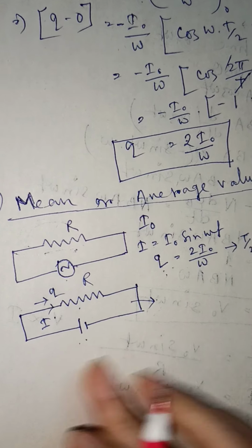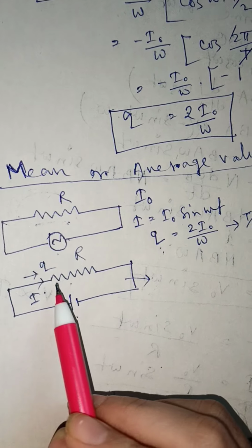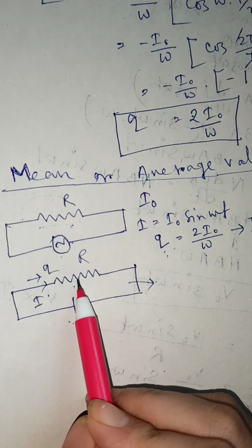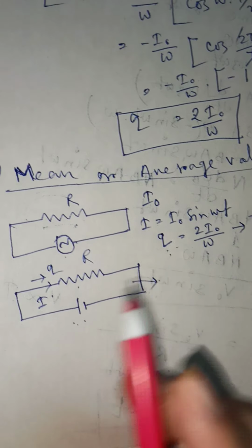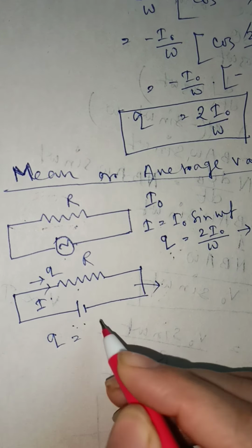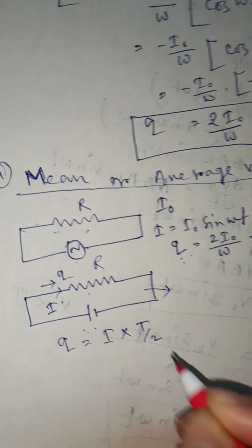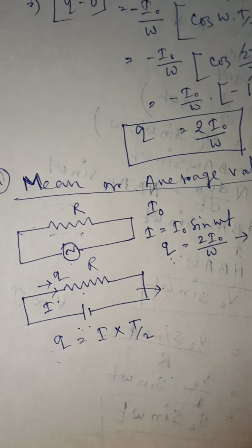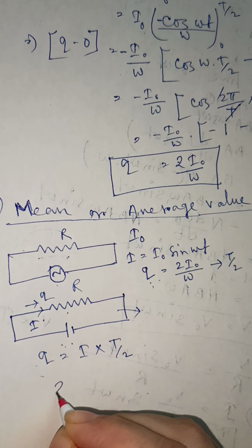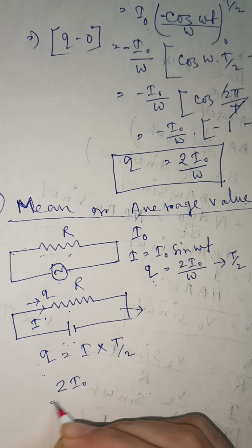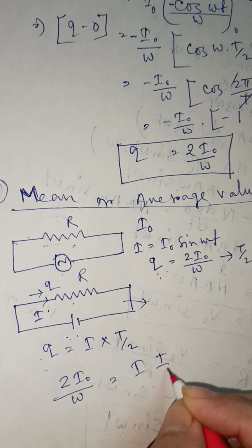So if this DC source passes the same amount of charge in exactly the same time, then we can write Q equals I into T by 2, and both Q's are similar, so 2 I naught by omega equals I into T by 2.